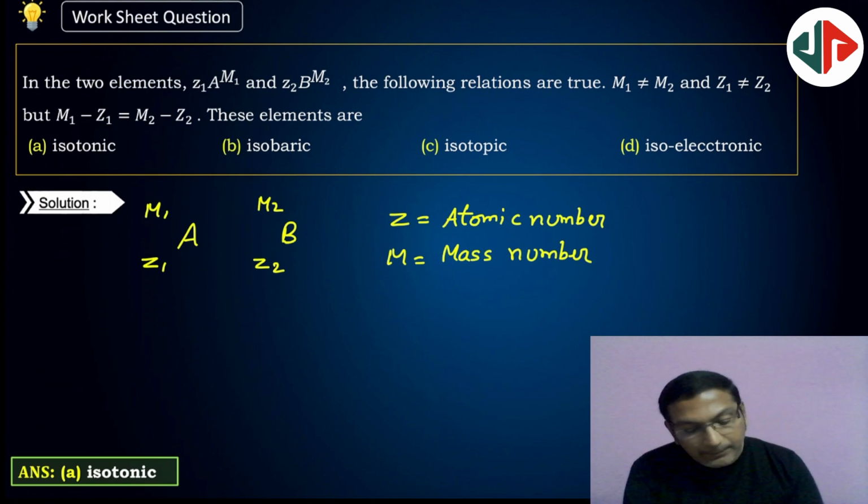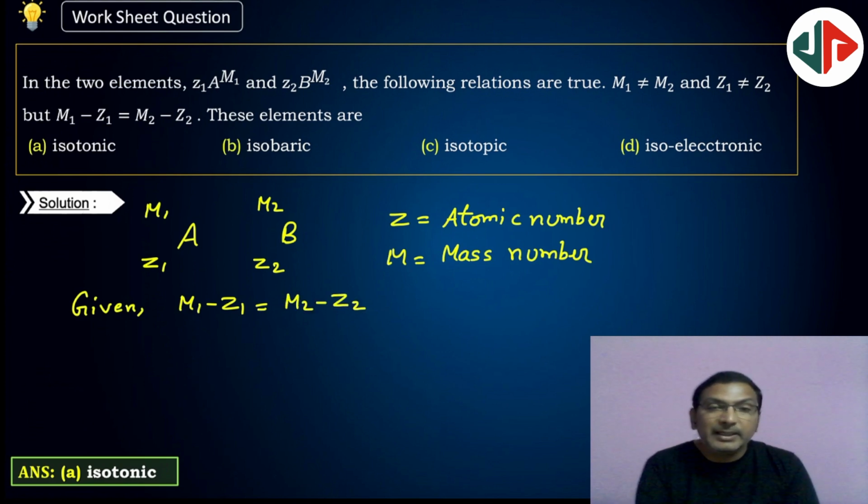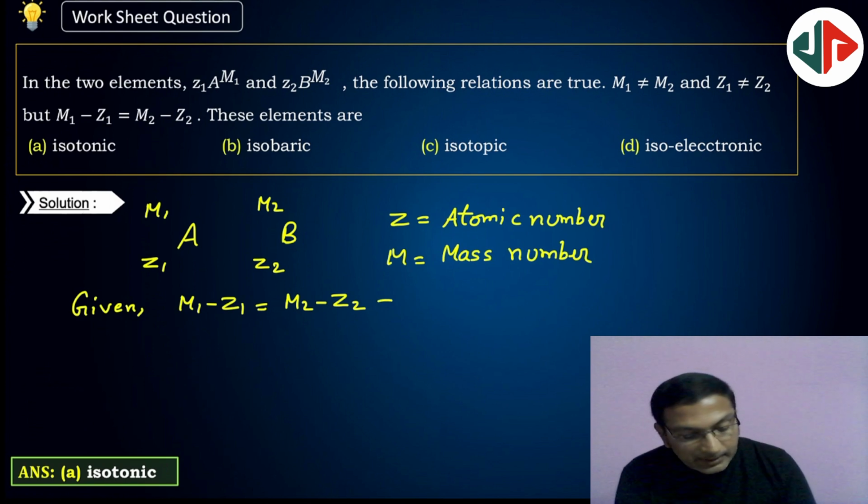So here given M1 not equal to M2, Z1 not equal to Z2, but M1 minus Z1 equal to M2 minus Z2. So what is the meaning of M1 minus Z1? That means mass number minus atomic number. Here it gives number of neutrons.